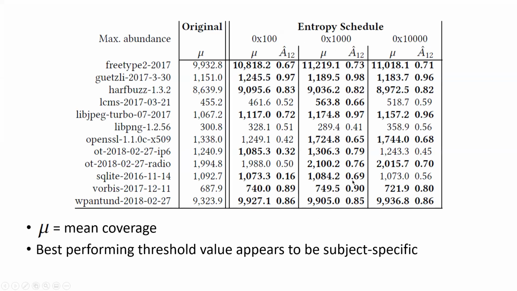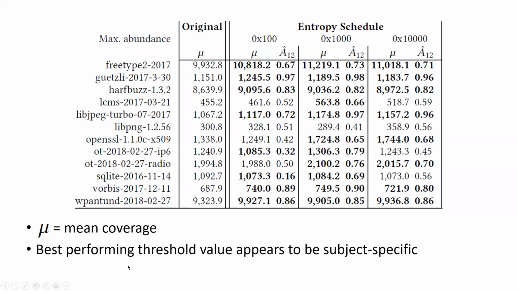The ones that I bolded show that there is statistical significance based on the effect size. So you can see that for the abundance threshold of 1000, the mean coverage is usually more for this column.